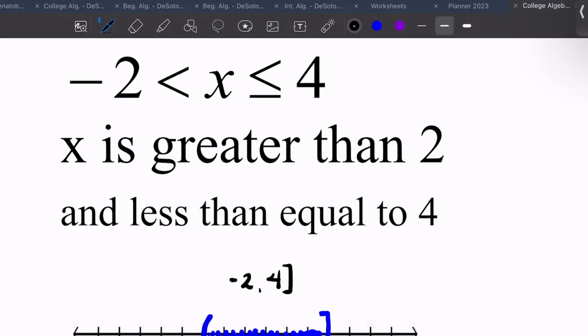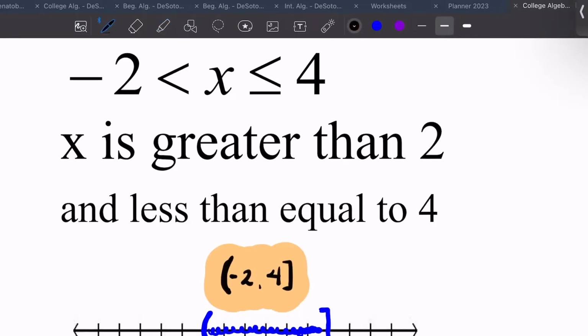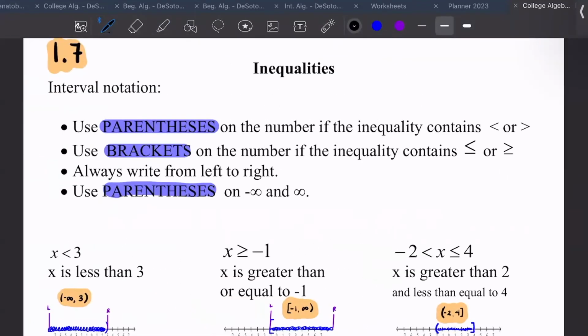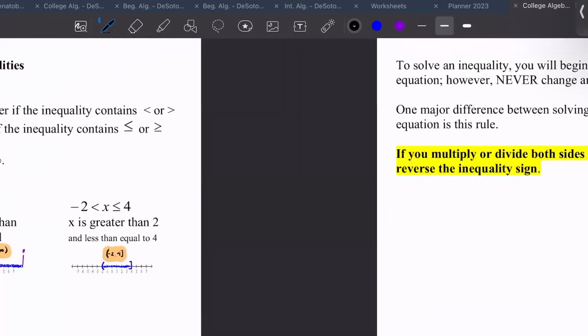And we have a bracket and a parentheses. Okay, that's a parentheses. It kind of looks like a bracket. There we go. All right, so that is kind of all of the different ways that these can look in interval notation and on a number line. Once again, that's really going to help us if we label left and right.